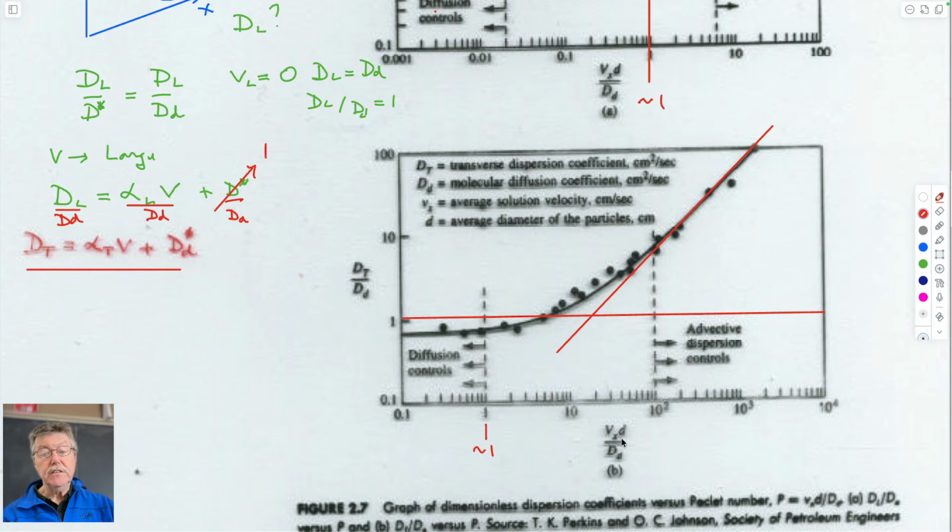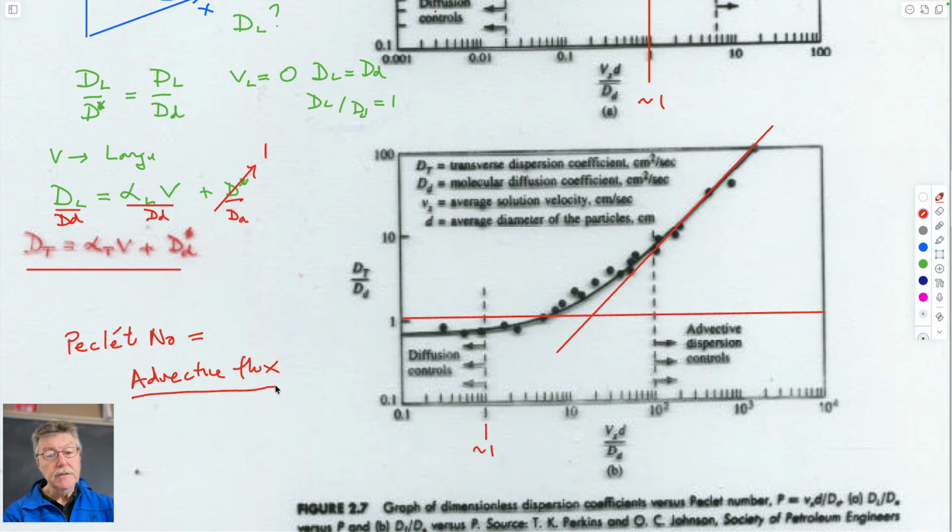And actually this number is a significant number for us. We'll call it the Peclet number. I think it's an acute on the last graph, which is the ratio of advective flux, the amount of mass carried by advection, divided by the diffusive flux.